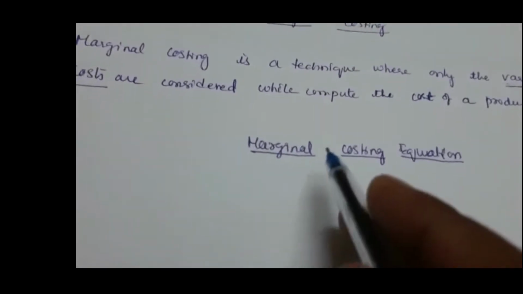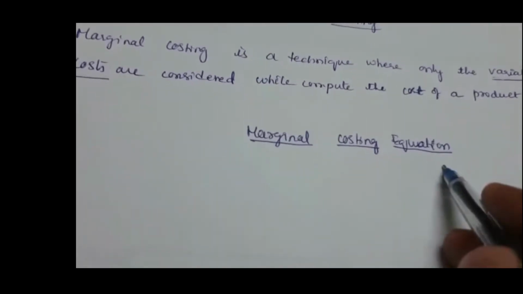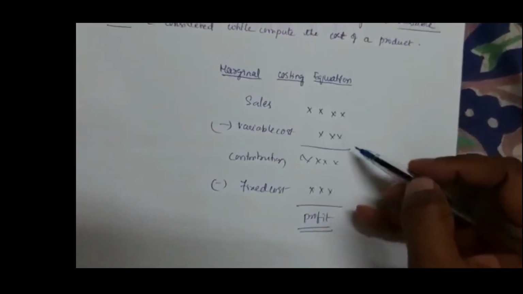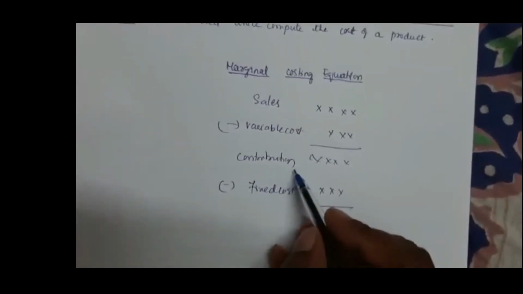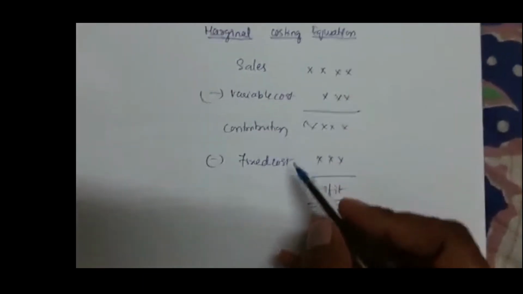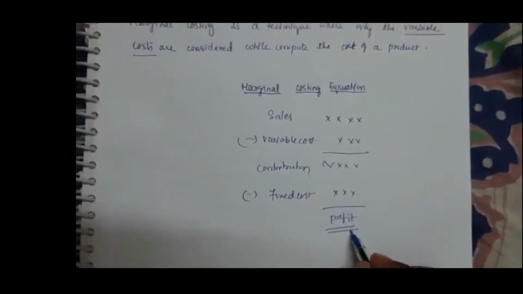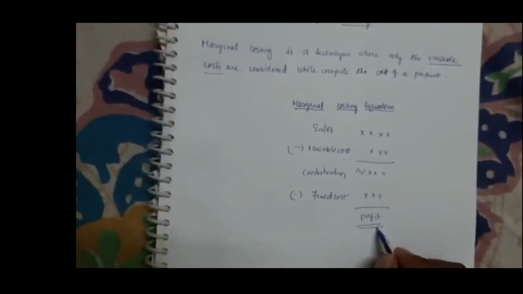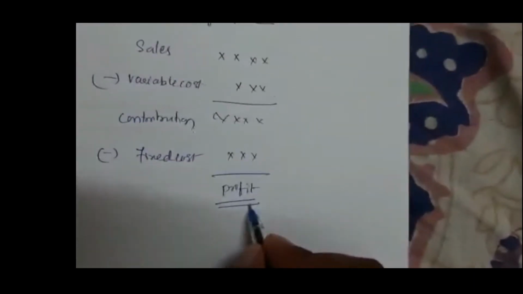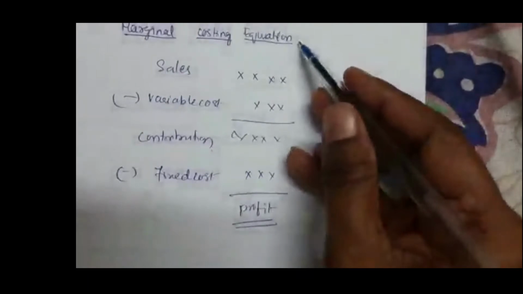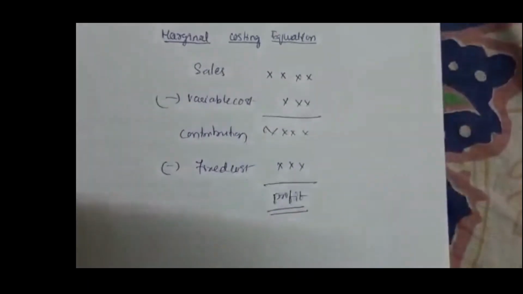Now we will see the marginal costing equation. Sales minus variable cost gives us contribution. Contribution minus fixed cost gives us profit. And there are many equations that can be drawn from the marginal costing equation.